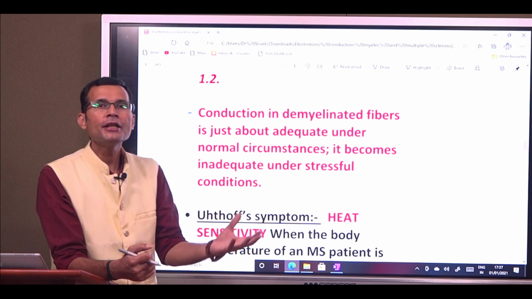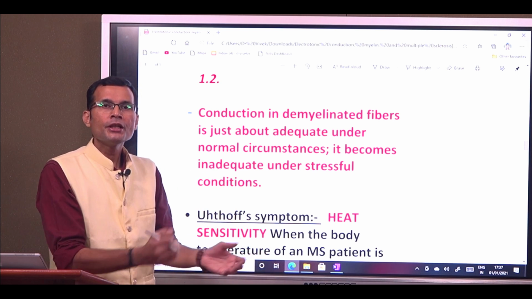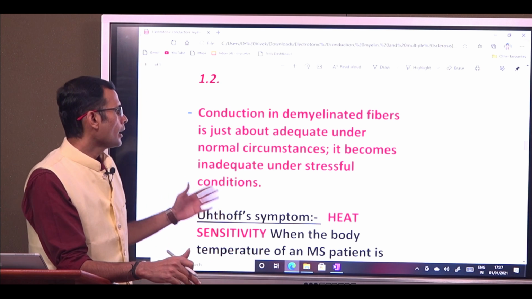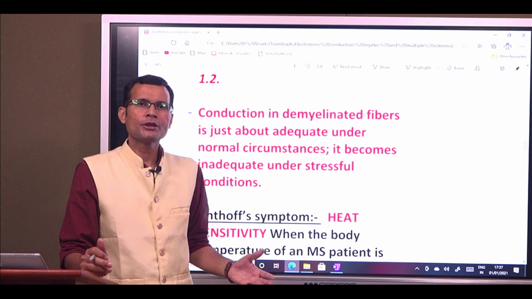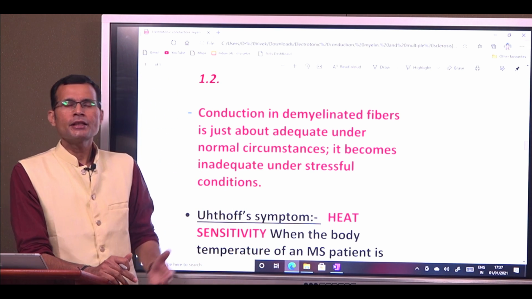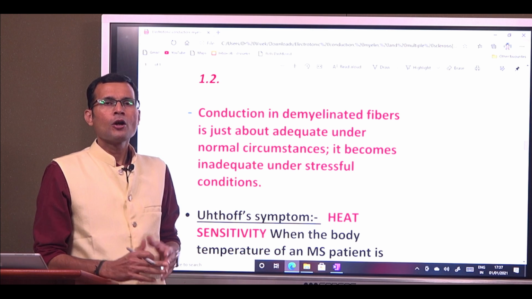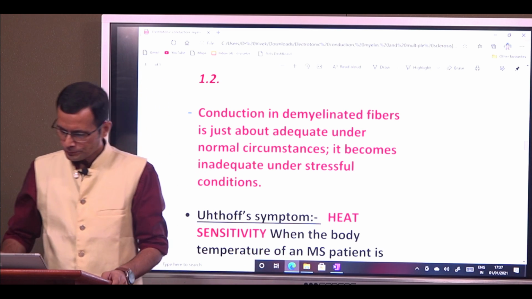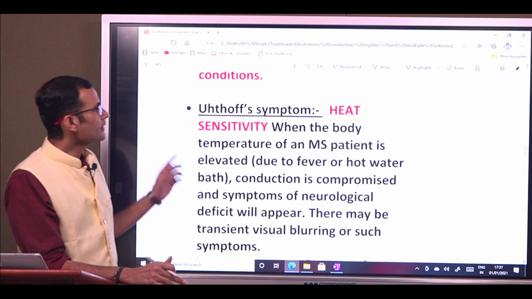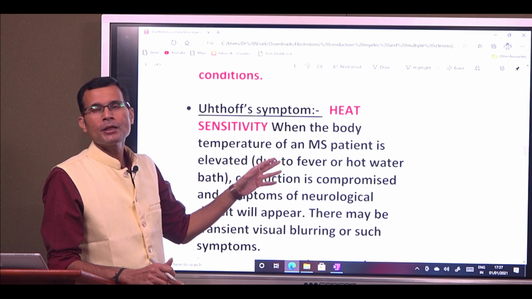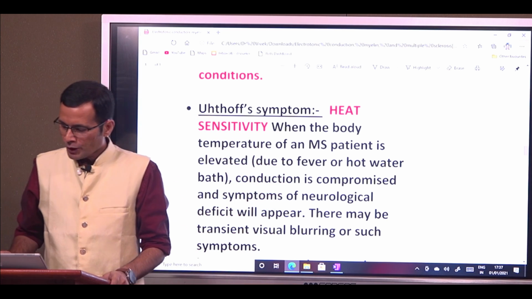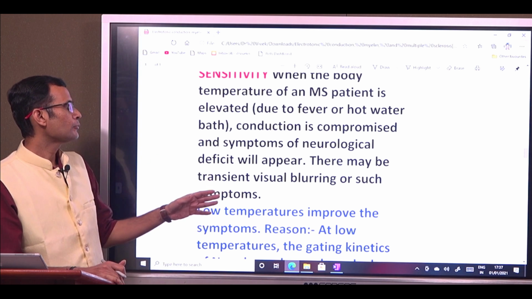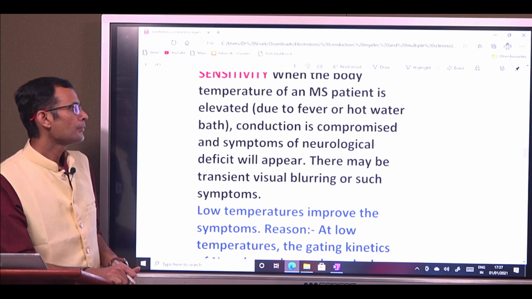For example, heat, a hot bath, increased temperature of the skin or body, or stressful situations faced by that individual. All these circumstances will cause manifestations of conduction block. In fact, it's been described as Uthoff's symptom, heat sensitivity. When the body temperature of this patient is elevated, conduction is compromised and symptoms of neurological deficit will appear.